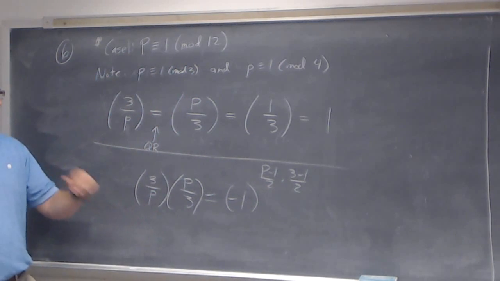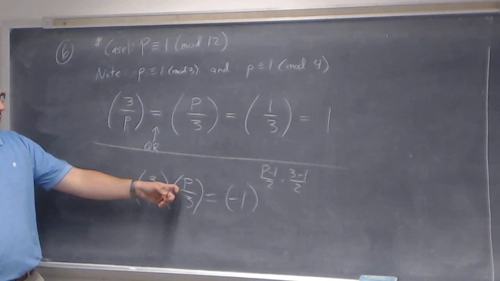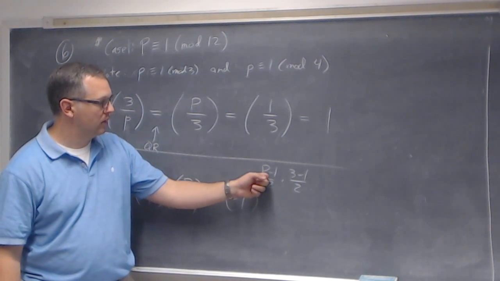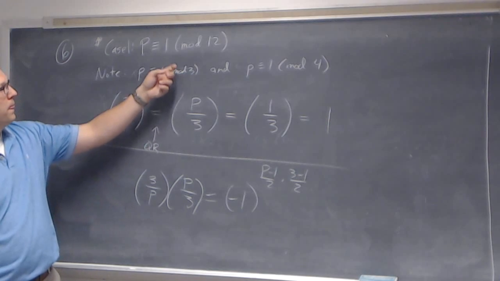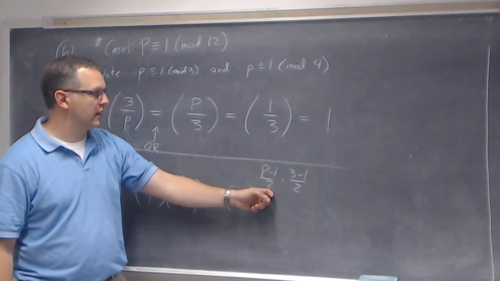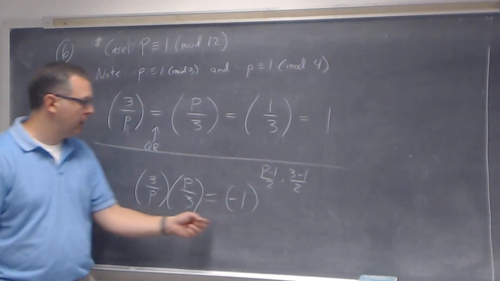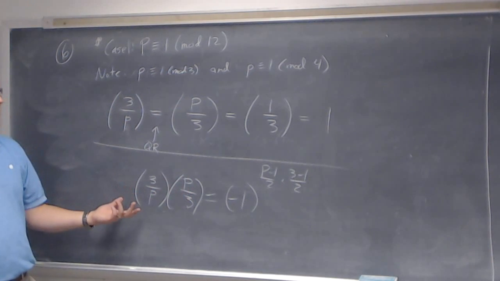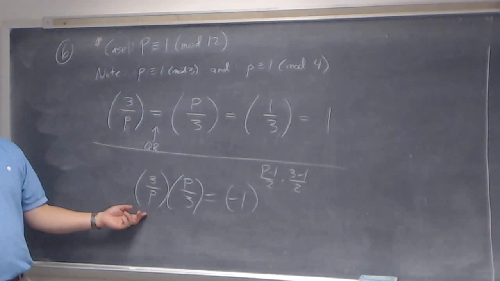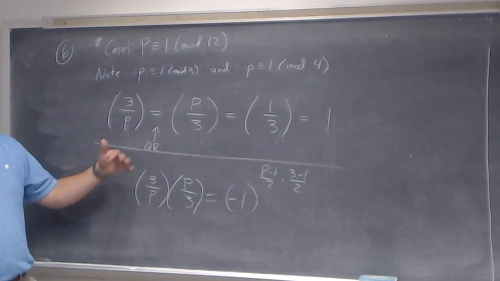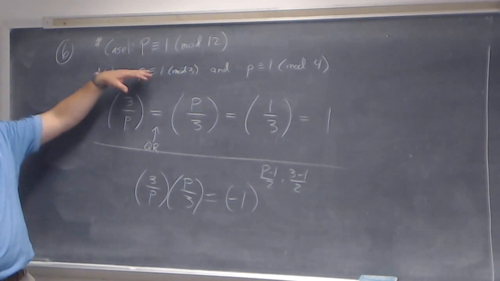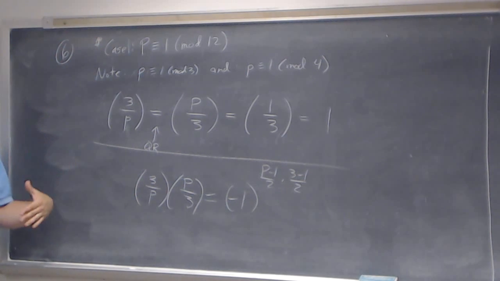You could do it this way too, and it would work out the same way. You'd still be able to evaluate using these facts. If P is 1 mod 4 and things like that, you could get either plus 1 or minus 1 here, and then using the same things, you get plus 1 or minus 1 here, and you'd still be able to evaluate 3 over P. Either way you want to use the law of quadratic reciprocity, I think the best way is to break it into those four cases and simplify each case.